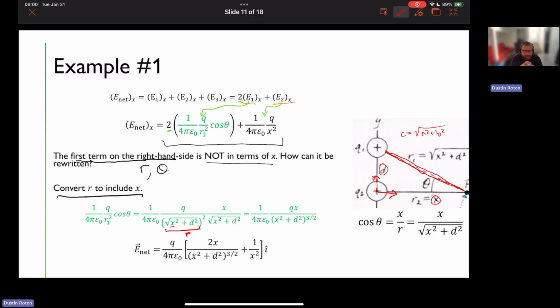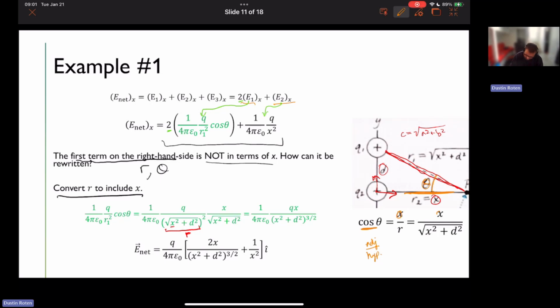Now the next question is, how can we deal with theta? Let's use some trigonometry again. Cosine is adjacent over hypotenuse. If we look at this angle here, theta, our adjacent piece is just x right here.